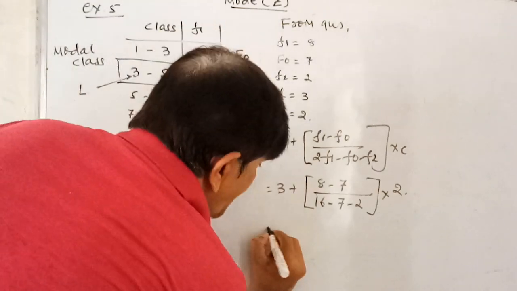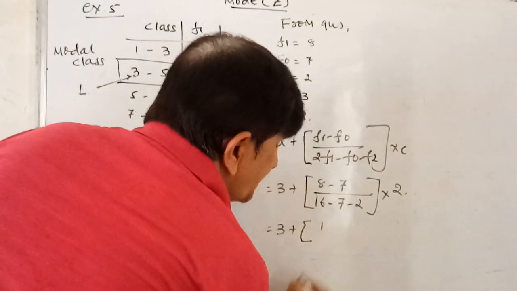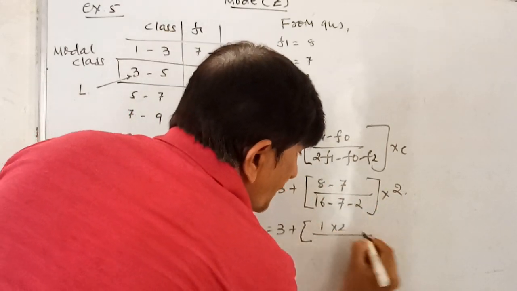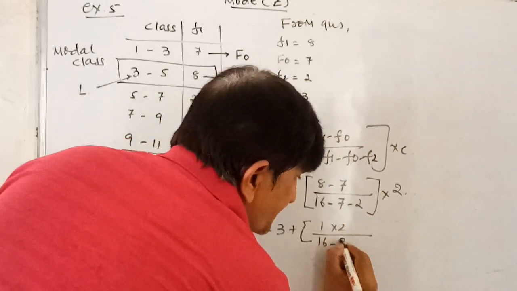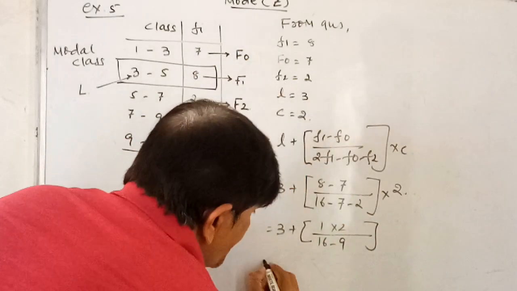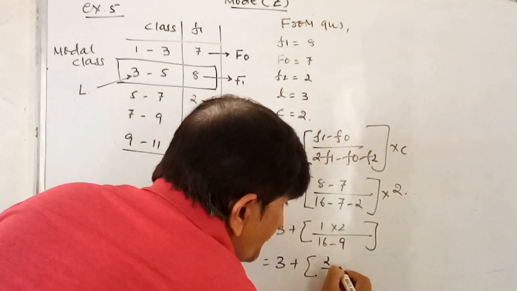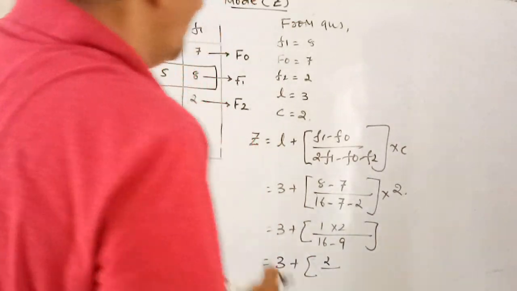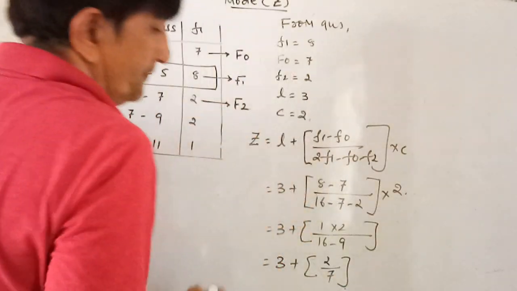Okay, so now simplify this. 3 plus 8 minus 7 is 1, into 2, upon 16 minus 7 minus 2, which is minus 9. So it is 3 plus 1 2s are 2, upon 16 minus 9, which is 7.